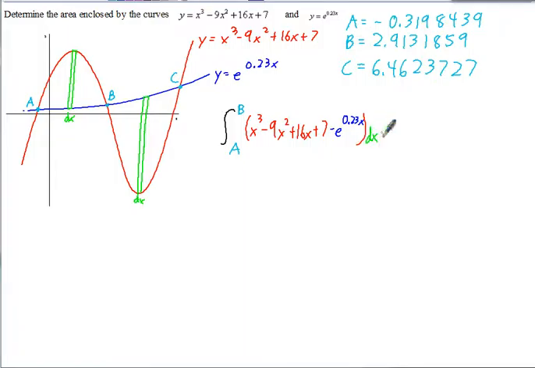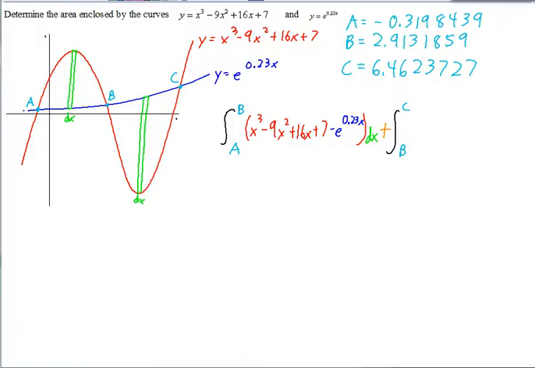dx. Plus, that would be the area of the first region enclosed there, plus the next integral would be starting at b, stopping at c, those x-coordinates. This time, look at our rectangle, the function on the top is e to the 0.23x, the one on the bottom is the other one.